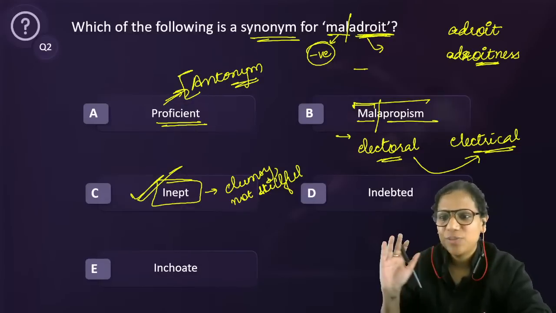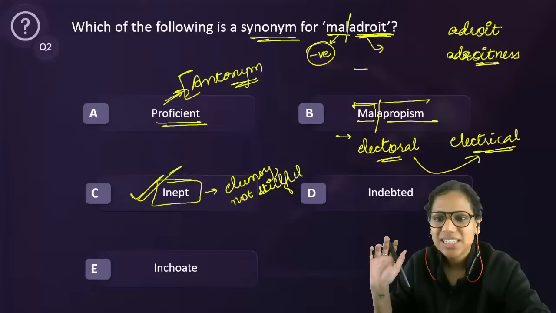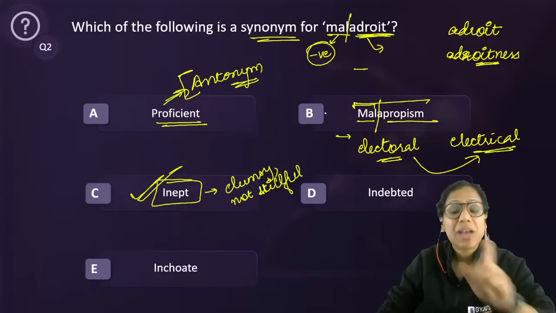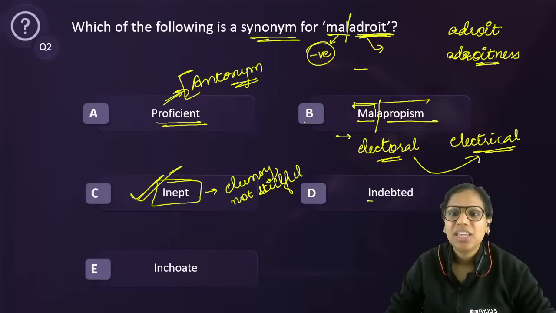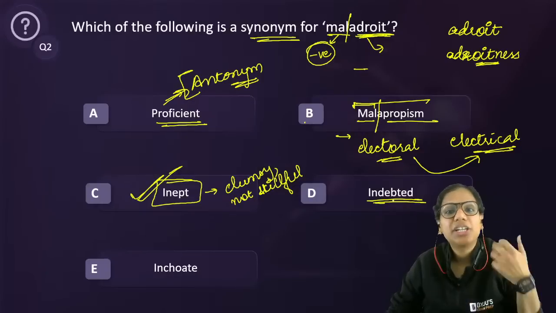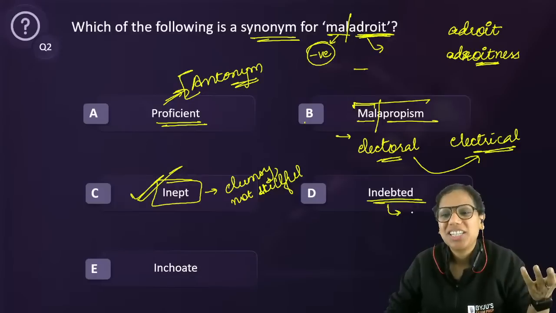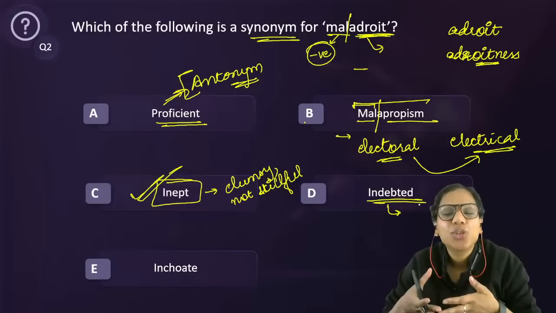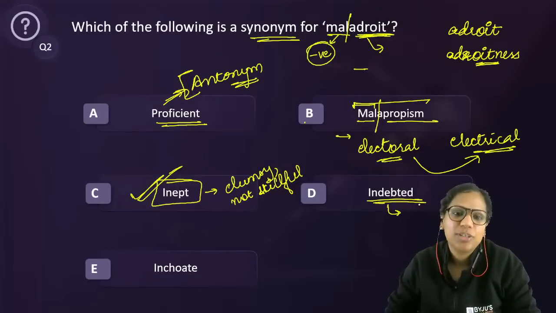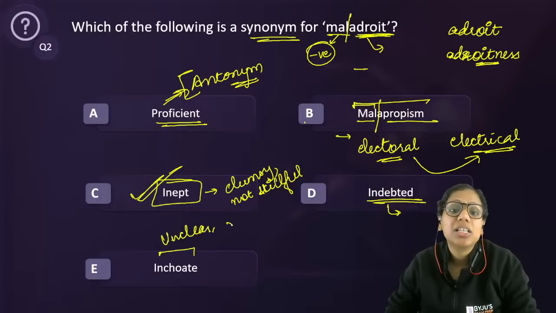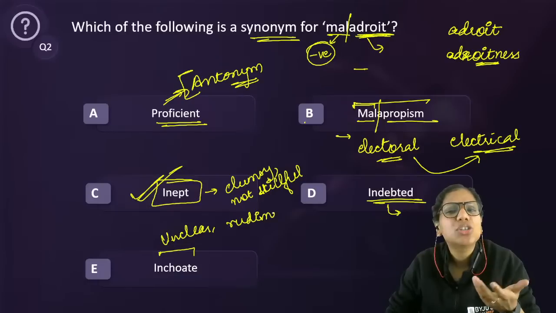Okay, everybody is with me? Yes. Malapropism we had done earlier. Indebted: when you are indebted to someone, आप उनके आभारी हो. That's how we put it in Hindi, that you are very grateful to them because they've done some favor for you. Inchoate: something that's unclear, something that's rudimentary, in its very initial stages.